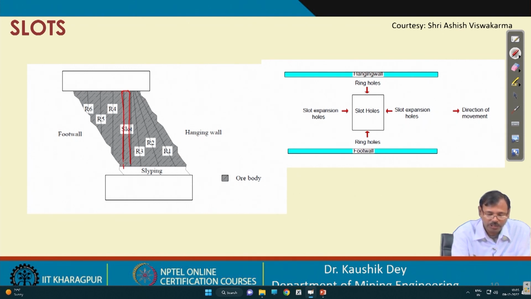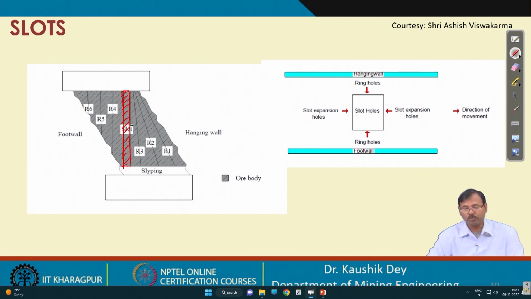Ahead of the blast, first the slot has to be made, then the other holes will be blasted, so that the ring can be completed. Okay. So, first this slot is made in the center. If you look at the first video again, you can see the slot was made first and then that was extended.